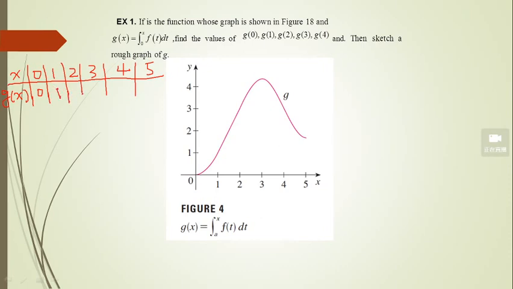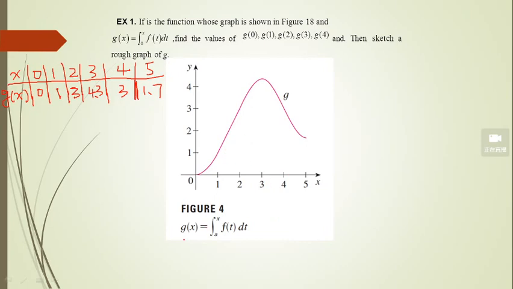When x is 2, from 0 to 2, that's triangle plus rectangle, we get 3. And when x is 3, 4.3. And what is this one? 3 again, right? 1.7. So with this table, we can get the rough graph of g.